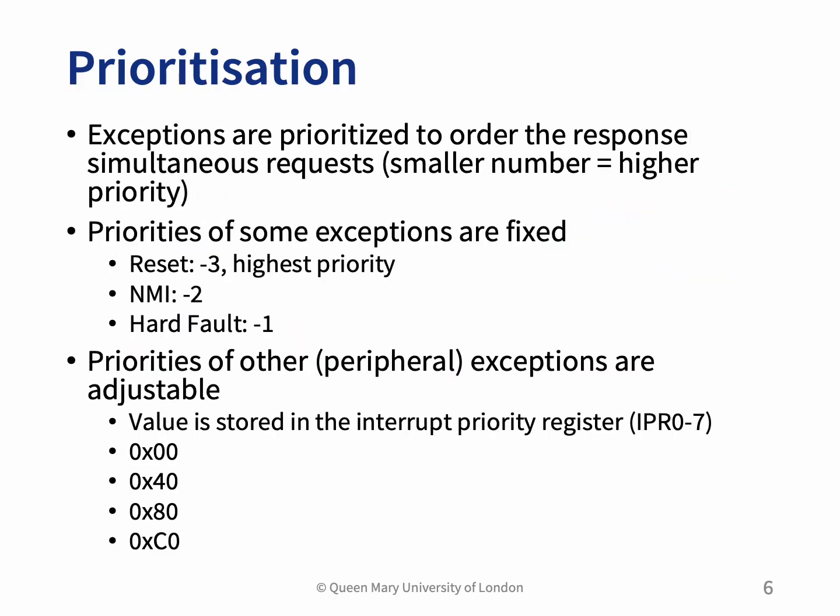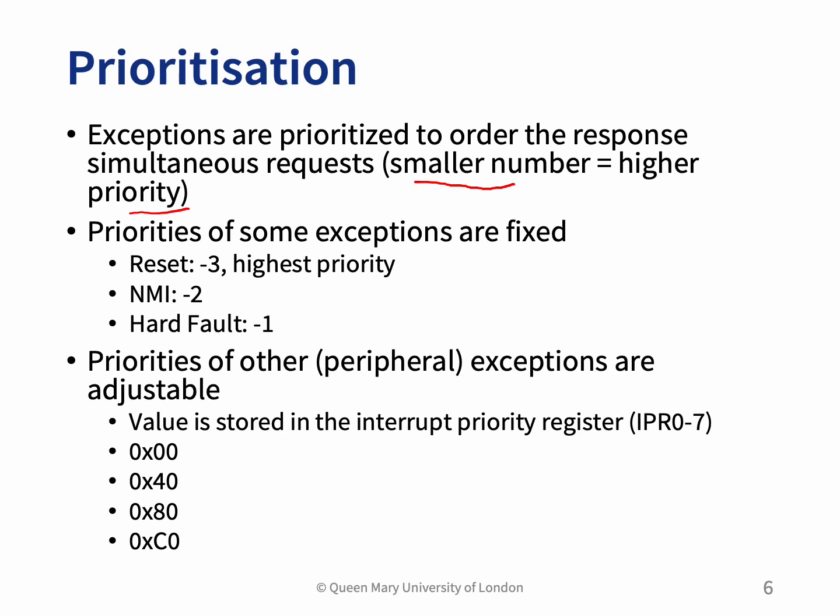Now the interesting bit comes in: how we can determine the prioritization. The exceptions are prioritized to order the response to simultaneous requests. What it means here is, if we have multiple concurrent interrupts with different levels of priority, they will be prioritized for the exception, where a smaller number means a higher priority, right?